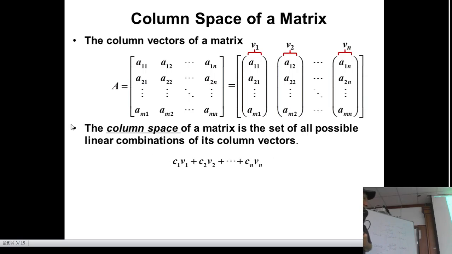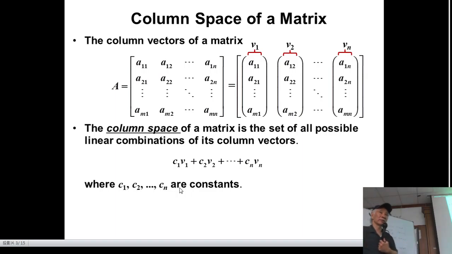Now, the column space of a matrix is the set of all possible linear combinations of its column vectors. So c1 v1 plus c2 v2 plus up to cn vn. Here c is any arbitrary value. That's a scalar. That's not a vector. So c1, c2, to cn are all constants.